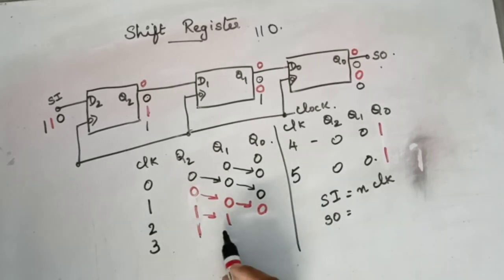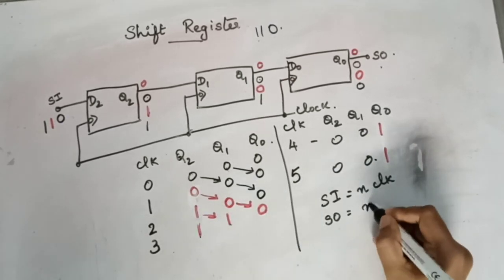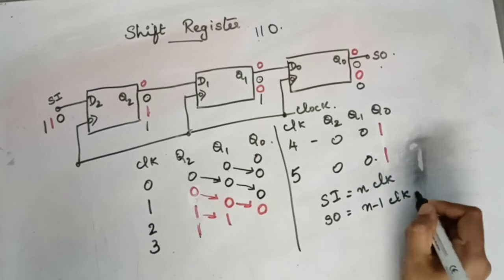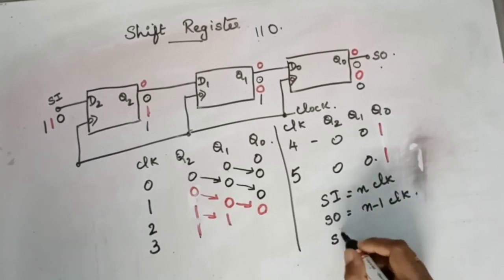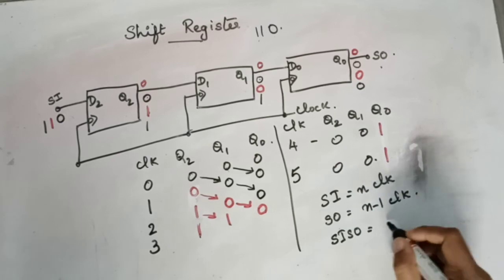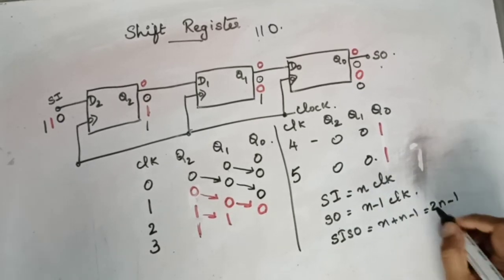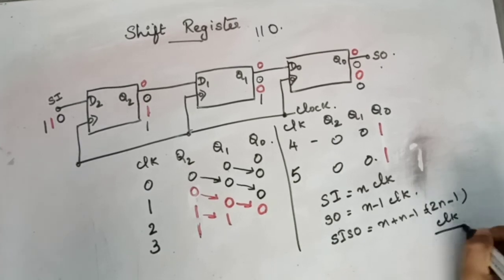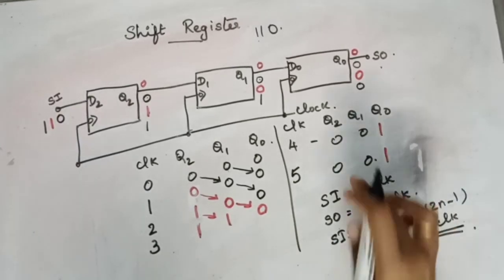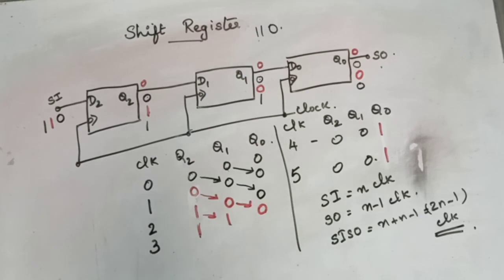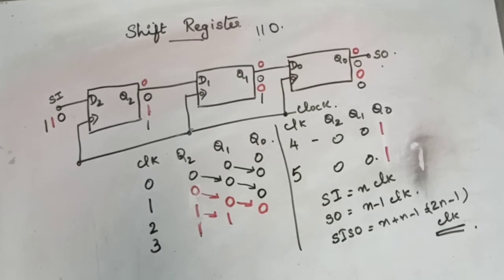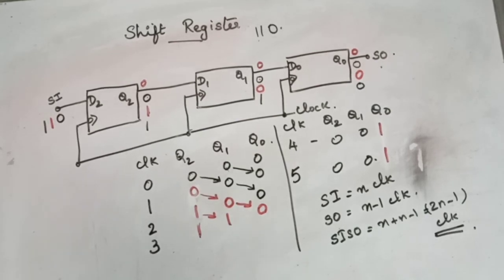Then I require only n minus 1 clock pulses to get the rest of the bits. So for serial in, serial out, I require n plus n minus 1, that is 2n minus 1 clock pulses, or 5 clock pulses. So that is serial in, serial out.